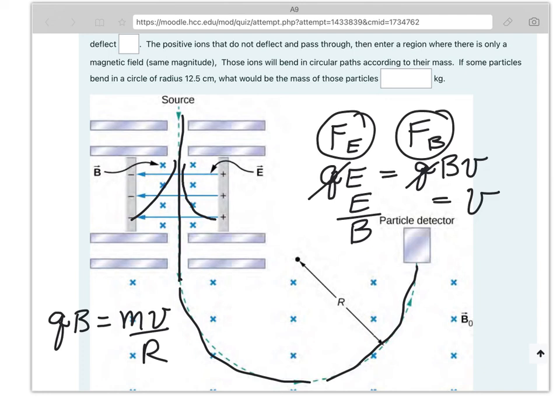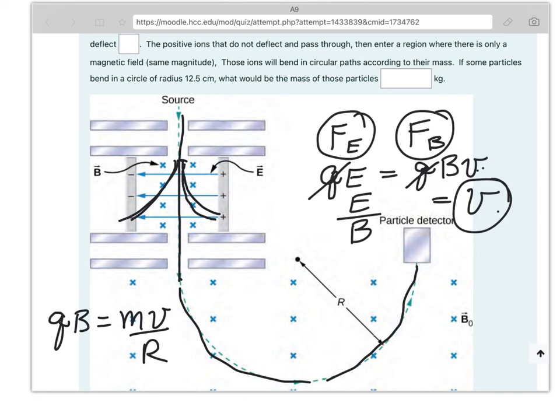A velocity lower than that will weaken the magnetic force and the electric force will dominate. If the velocity is bigger than this value, then the magnetic force would be bigger, and in either case the particle won't get through. It'll only get through if the velocity is exactly equal to that, and that's why this device is called a velocity selector.